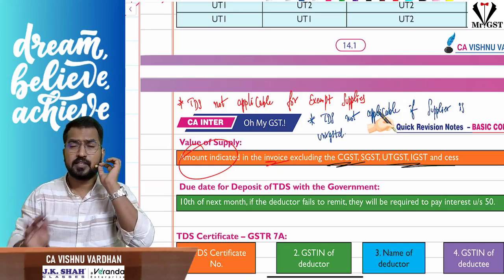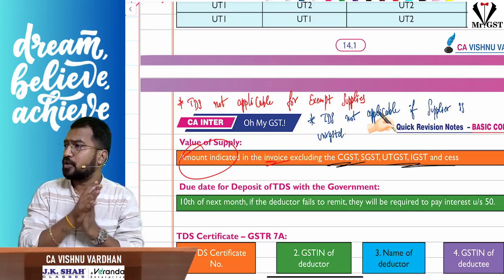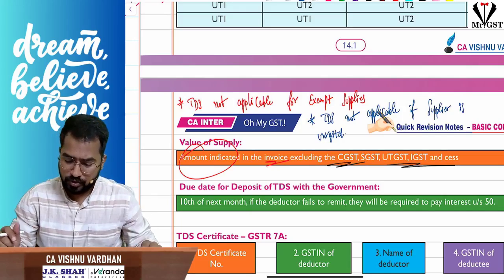If the supplier is unregistered also, TDS will not come into the picture. So that is the point.